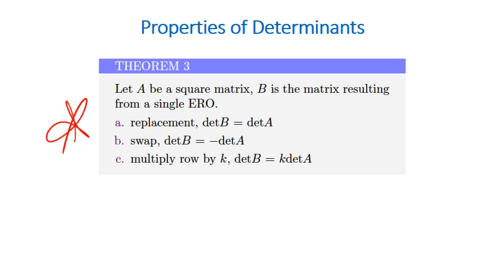Basically, if we use replacement, so if I multiply one row by something and add it to another, which is a lot of what we did before, when I would write 2 times row 1 plus row 2 becomes the new row 2, that's replacement. If that's the case, then the determinants of the two matrices are equal to one another.